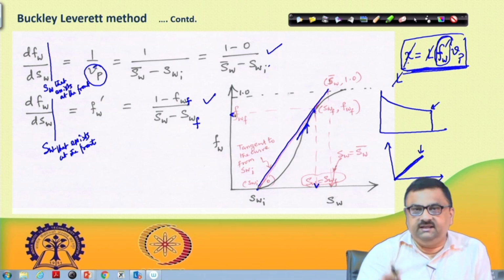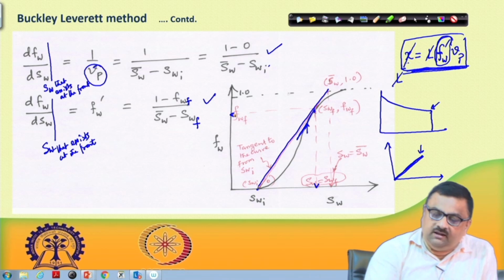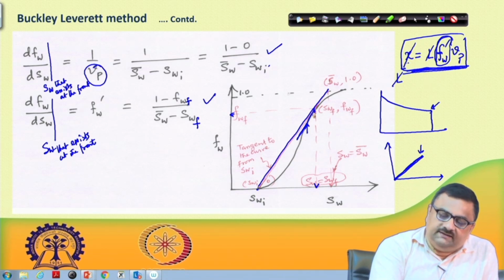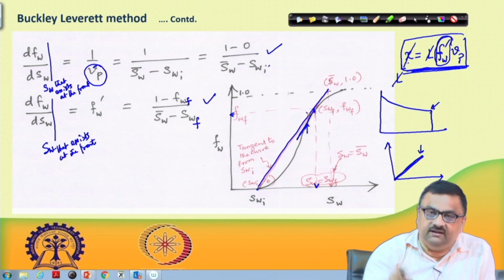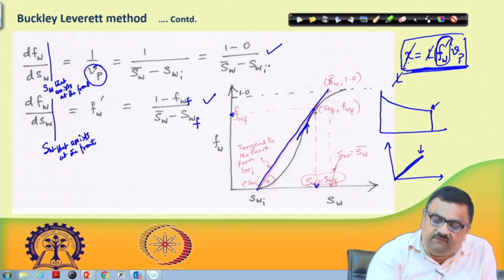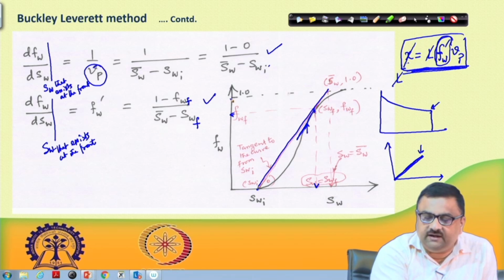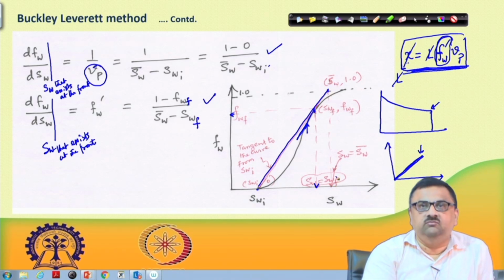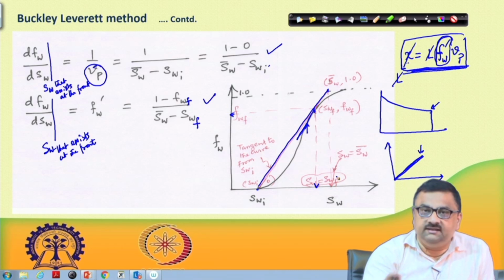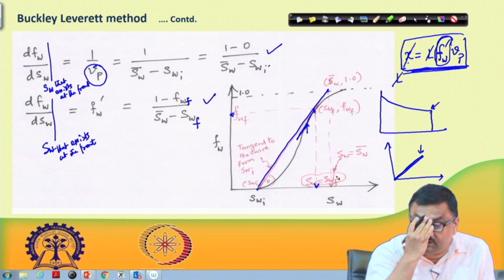I can say anything, where is the proof to it? So, let us see the slope of this line. And further if I go another step ahead, wherever this line cuts the line of FW equal to 1.0, I call the corresponding saturation SW bar. But where is the proof to it?